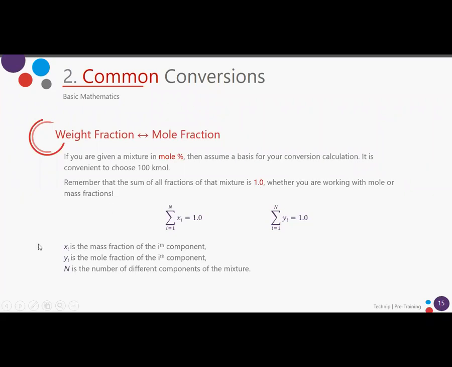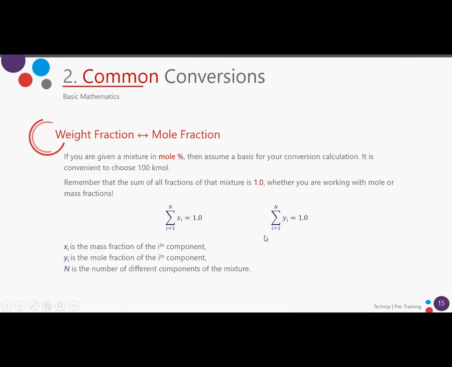So what does that mean? X is the mass fraction of the i-th component, Y is the mole fraction of the i-th component, and N is the number of different components of the mixture. So the sum of the mass fractions of every component in my mixture will be 1. And the same applies to mole fractions.